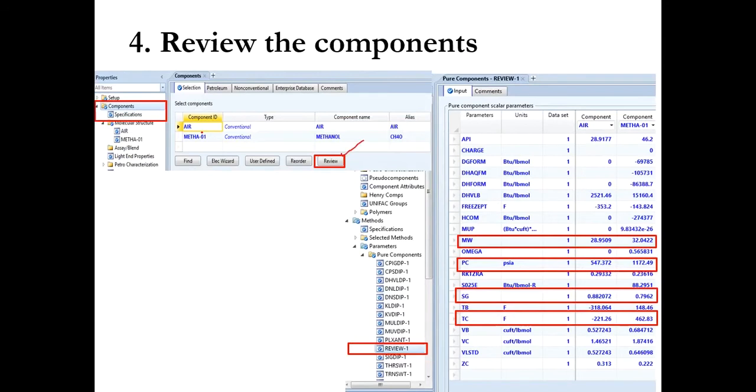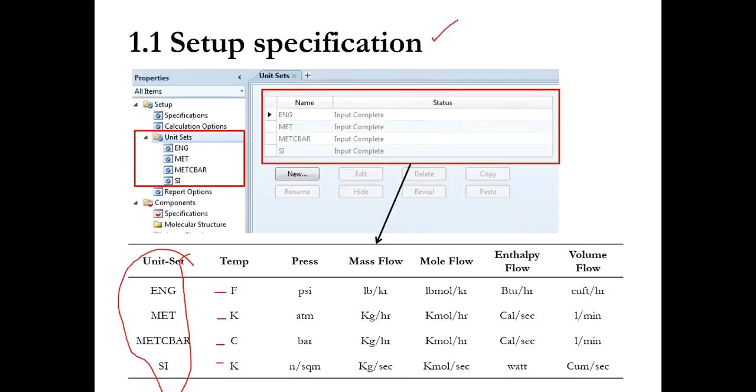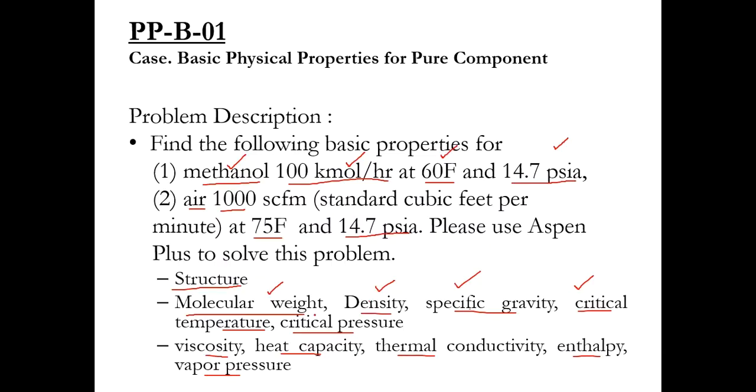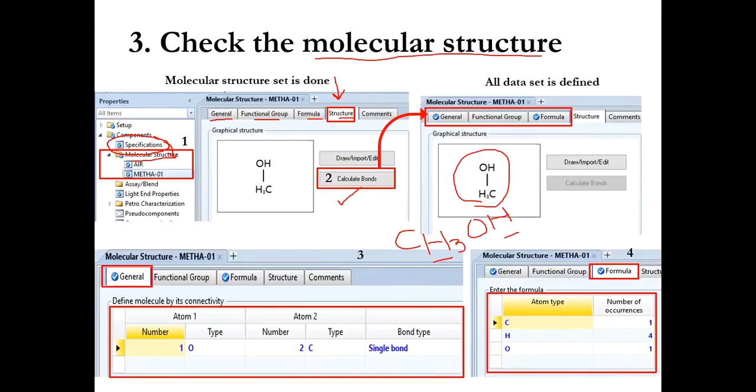Once you have selected the components and click the review button, this sheet appears where you can see MW represents the molecular weight, PC represents the critical pressure, SG represents the specific gravity, and TC represents the critical temperature. And you require the same values: molecular weight, specific gravity, critical temperature, critical pressure, and density.